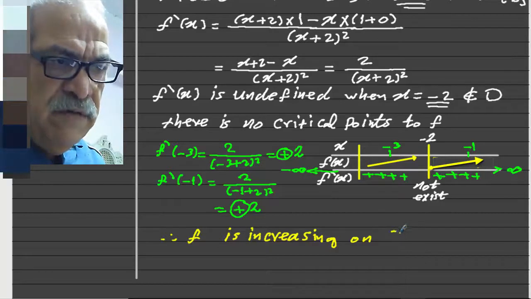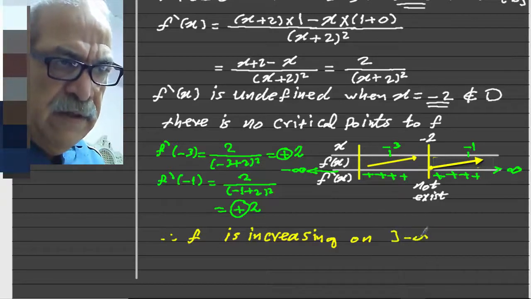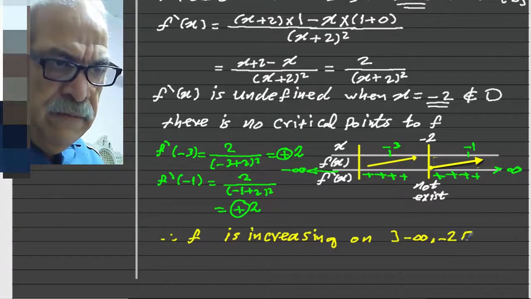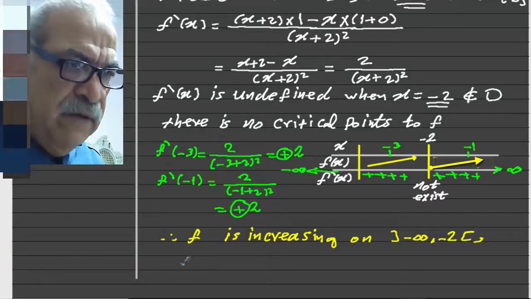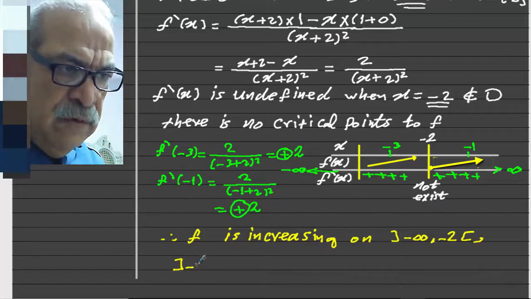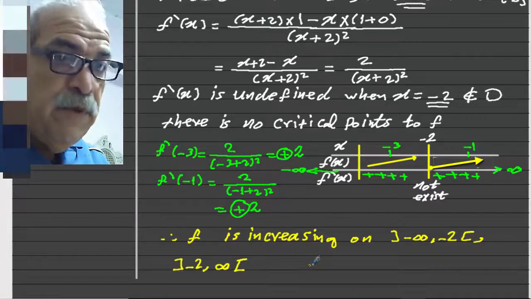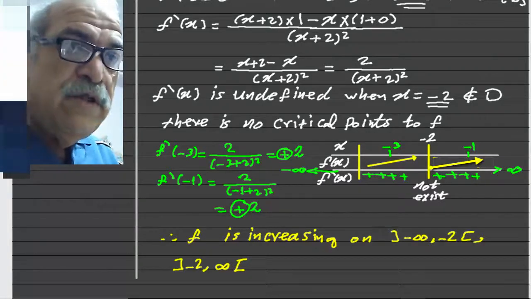The first interval from -infinity to -2, it's open, and from -2 to infinity, and there is no critical points. Next question.